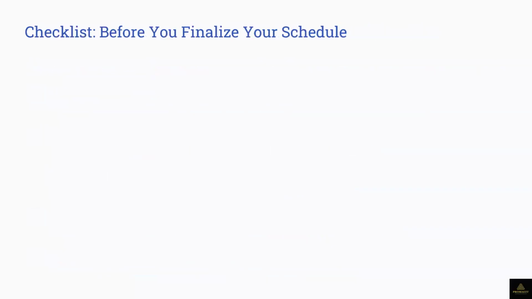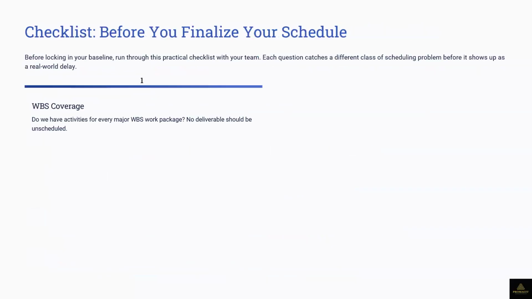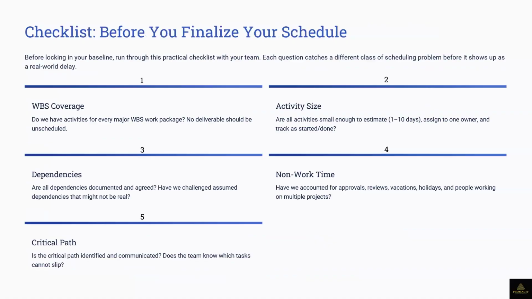Okay, before you finalize your project, just to round up: know your WBS, know your dependencies, your critical path, non-working time. One of the things we do under Microsoft Project, when you start learning, for the first part of your training, is the calendar, how to build it.